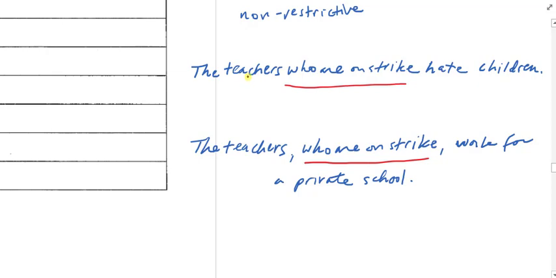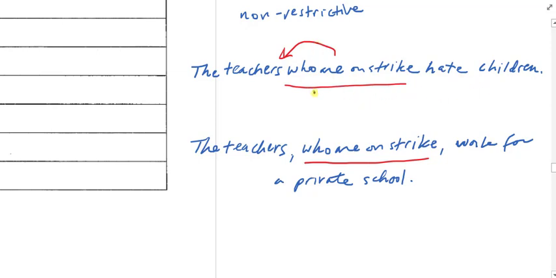Over here, there's a larger group of teachers, and this relative clause is restricting who the teachers refer to, a subset. Not all teachers, but the ones that are on strike. Those teachers hate children. Presumably the other ones love children and are committed to their jobs.